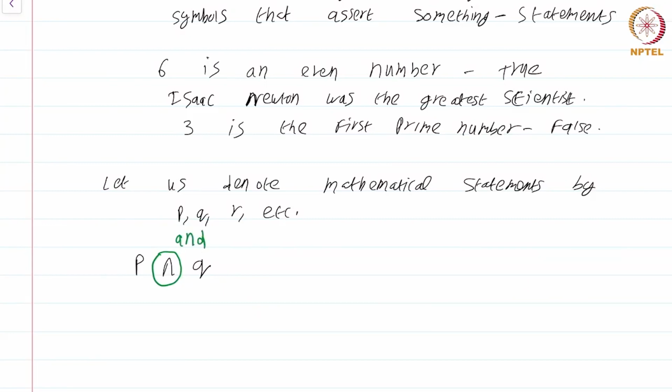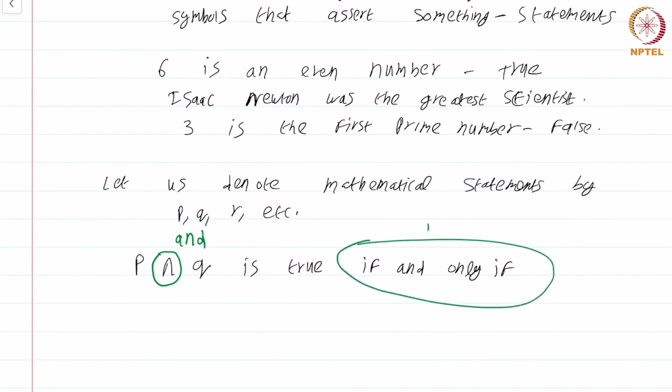As you can guess, this compound statement P and Q is true if and only if both P and Q are true. This combination of words, if and only if, arises so frequently in mathematics that the famous mathematician and textbook writer and expositor Paul Halmos developed a shortcut which we will borrow: if and only if, as IFF.